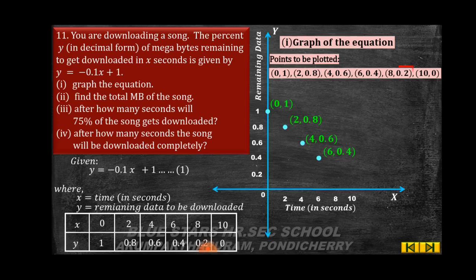Then (8, 0.2). 8 is on the x-axis, 0.2 on the y-axis. Then finally (10, 0). 10 on the x-axis and 0 on the y-axis. So you get the point on the x-axis. So now you get the graph of the equation y is equal to minus 0.1 into x plus 1.